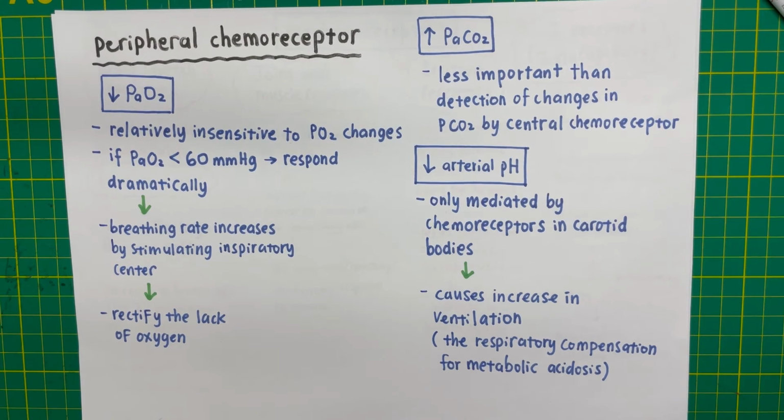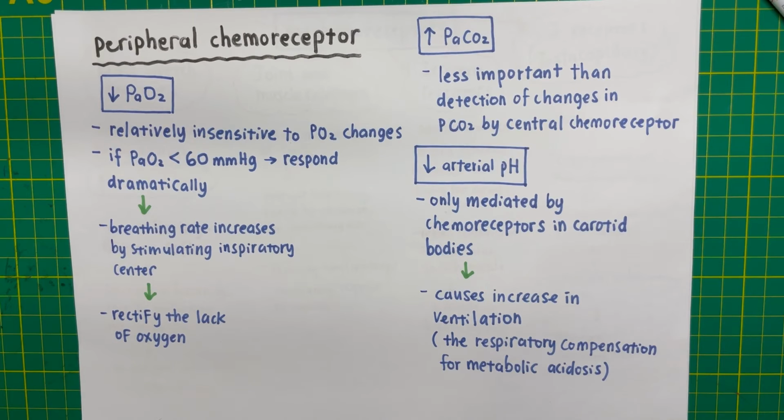When arterial oxygen is less than 60, it will cause the breathing rate to increase by stimulating the inspiratory center, and that will rectify the lack of oxygen.